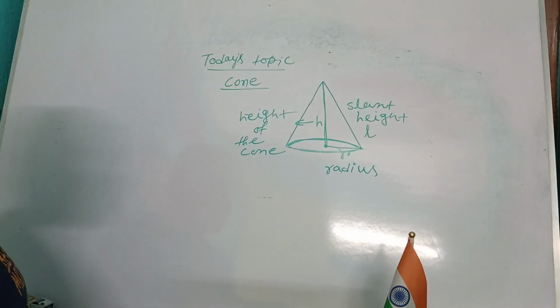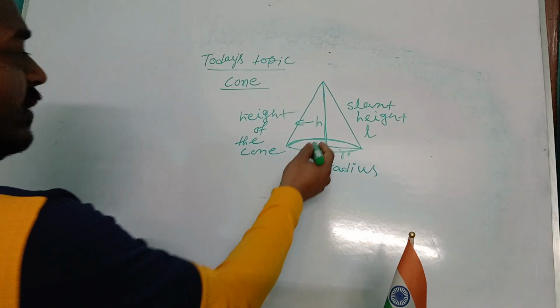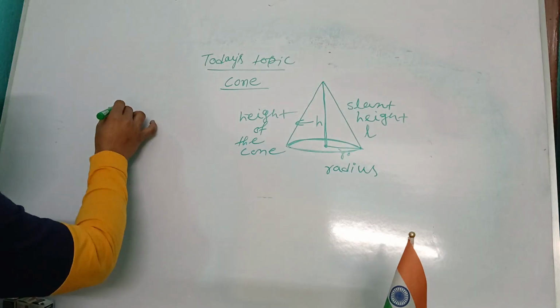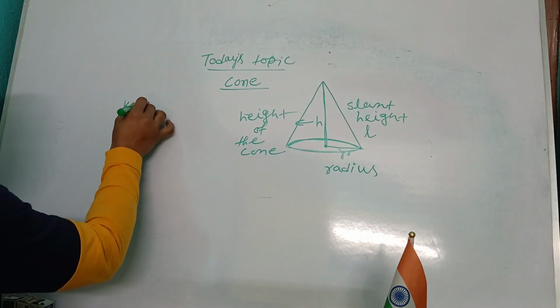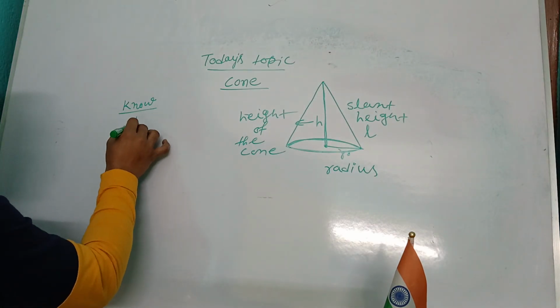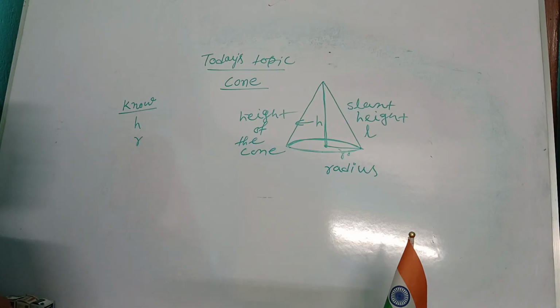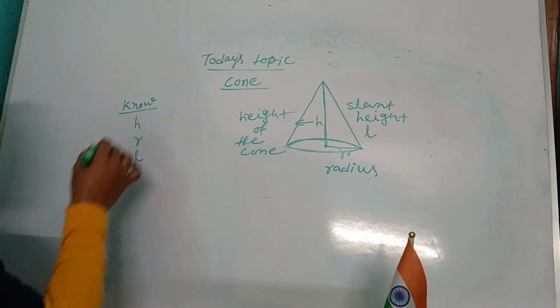Sometimes the height is known, maybe the radius is given, maybe the slant height is also given.